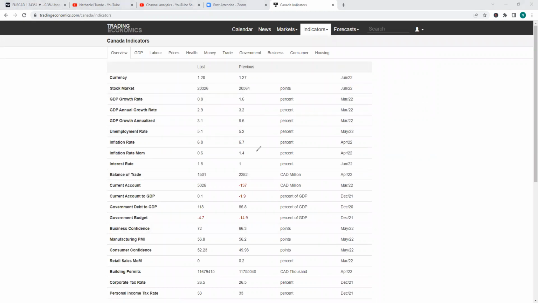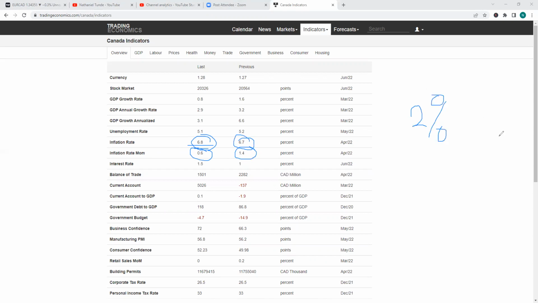Look at inflation. The 1.4 is dropping to 0.6. Can you see? But right here, from 6.7 to 6.8, so they have inflation. When an economy has an inflation target of what? 2%.